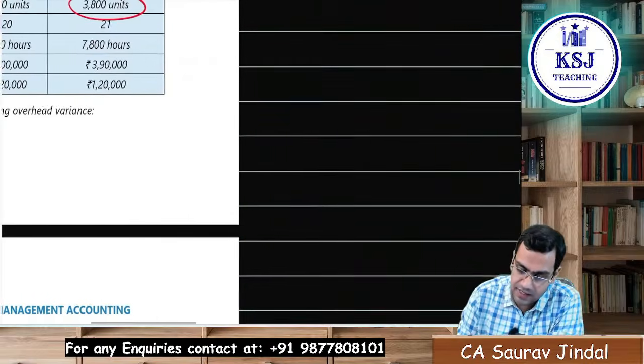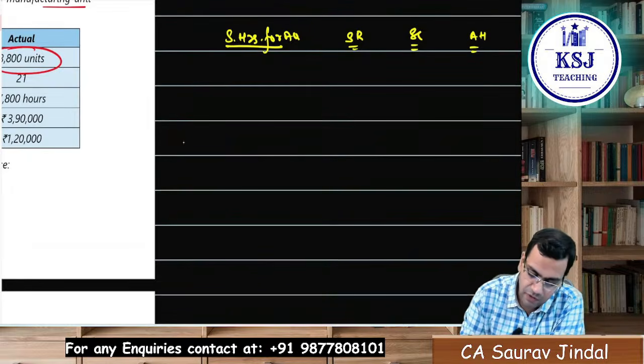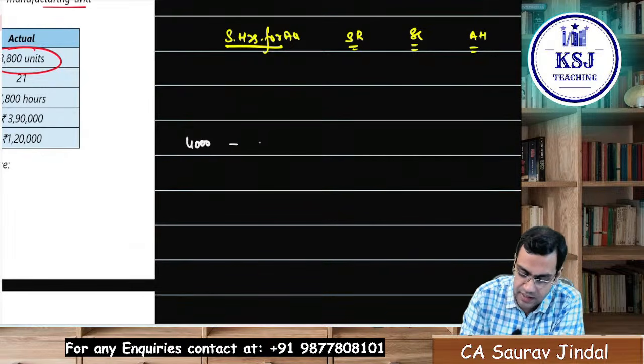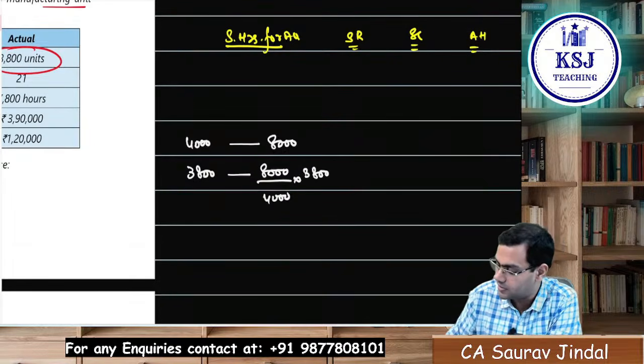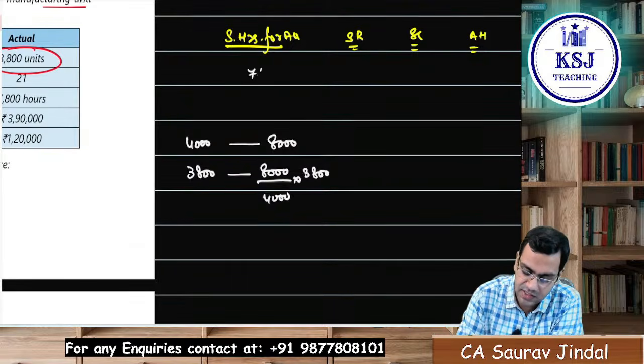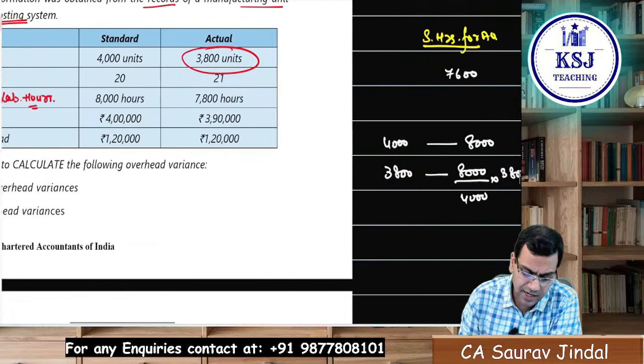So what is the standard hours for 3800 units? It is given that for 4000 units, the standard hours are 8000. So what will be the standard hours for 3800 units? That is 8000 divided by 4000 multiplied by 3800, that is 7600 is the standard hours for actual output. What is the standard rate?